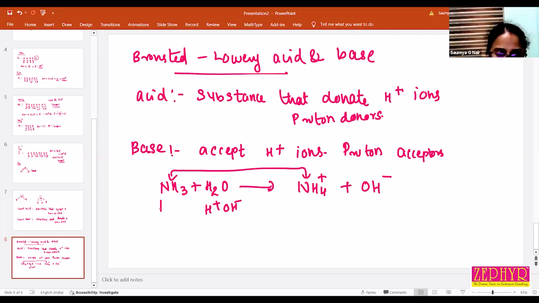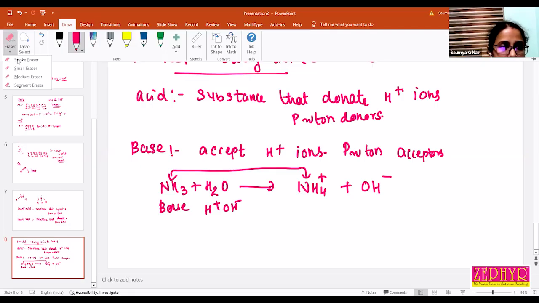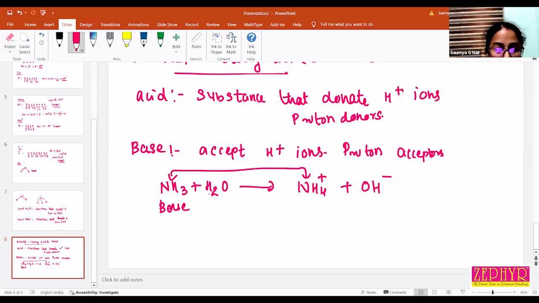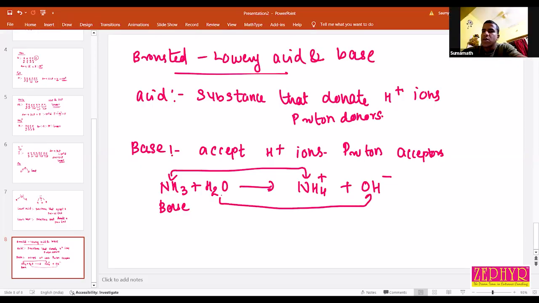So ammonia is a base here. Then what happened to H2O? H2O donates H plus. So this is an acid.